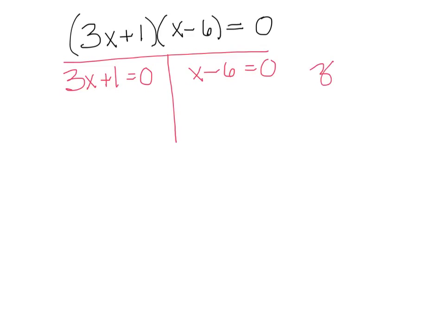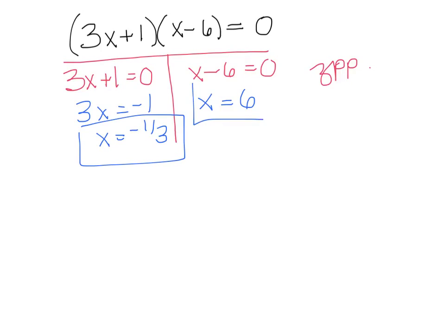So this was ZPP. Now let's solve: 3x minus 1, x is equal to minus 1/3, and over here x is equal to 6. So I have these two solutions to my quadratic equation.